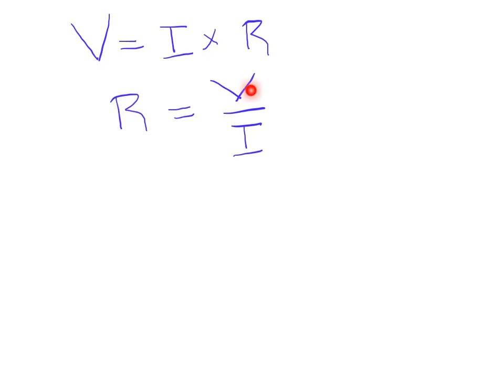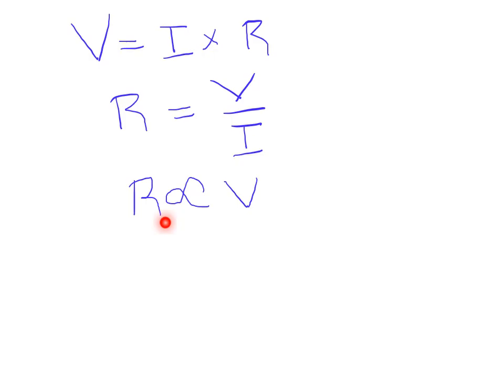Looking into this relationship, notice that R is in the same position as the voltage. What does this mean? The higher the resistance, the greater force we need. So R is directly proportional to V. An increase in R would mean an increase in V. Why?